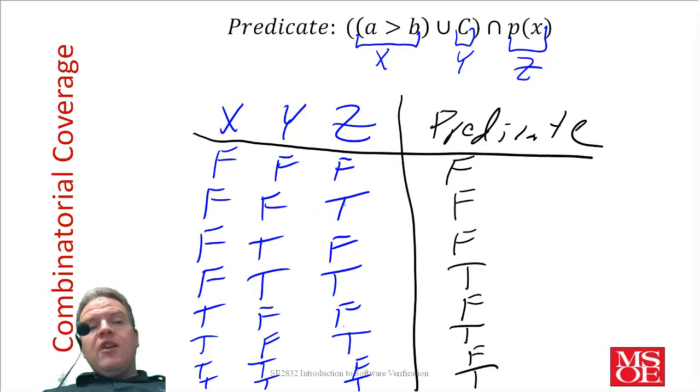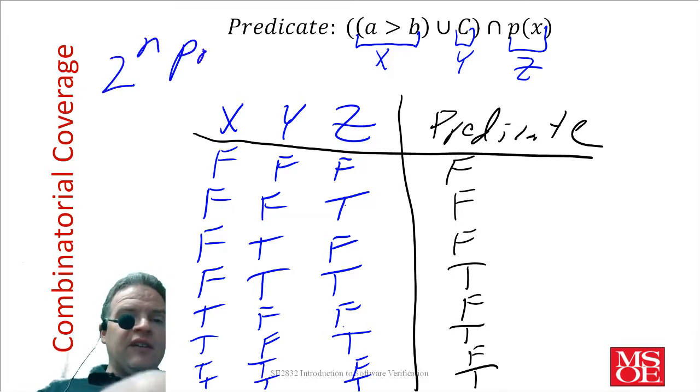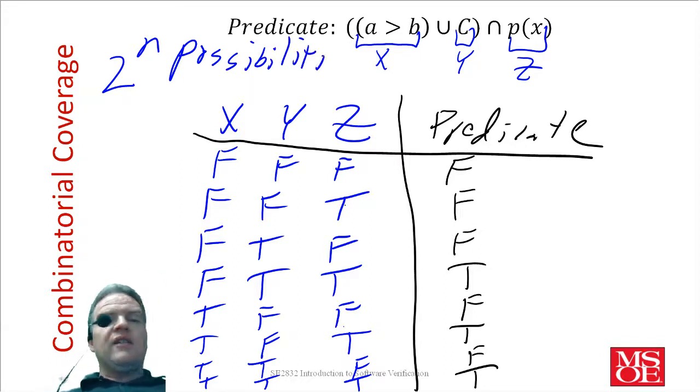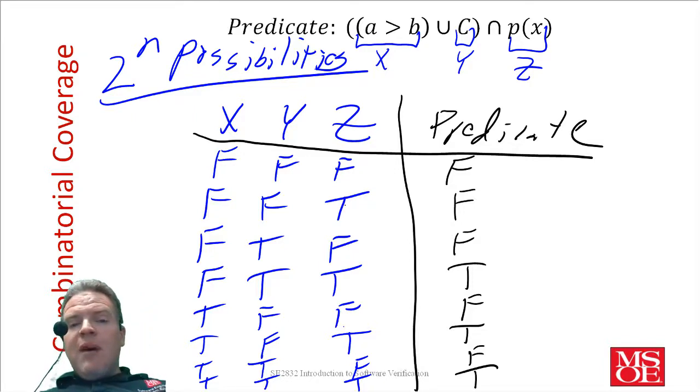That's true. So what we see is, from doing this, first off, that I have 2 to the n possibilities. That's a lot of possibilities to have in my code. So 2 to the n possibilities poses some interesting challenges.